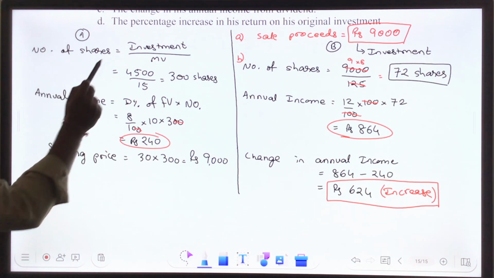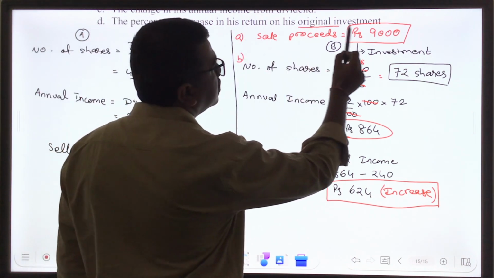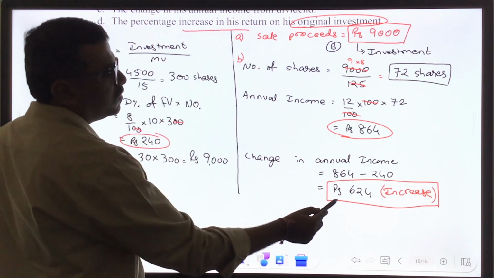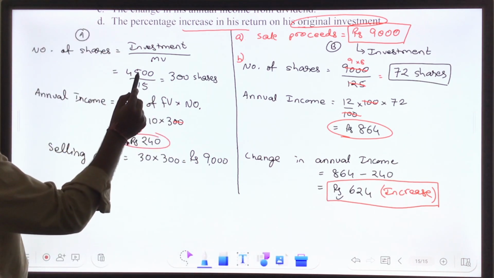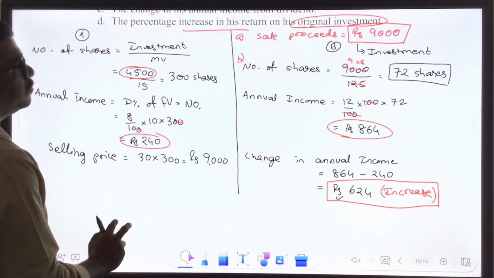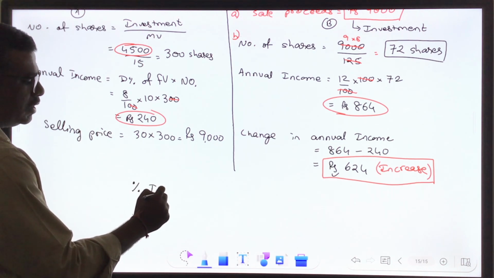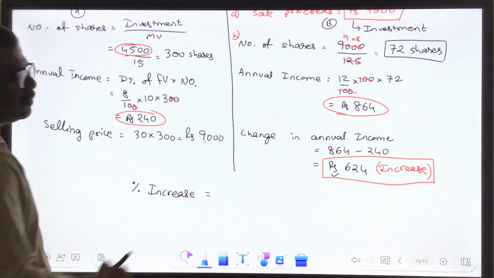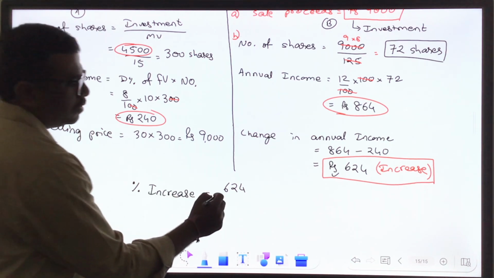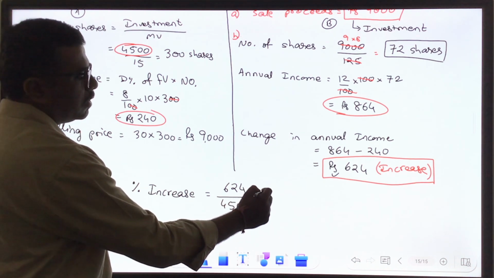The fourth question is we have to find the percentage increase on his return on original investment. So the increase in his return is 624 and original investment is 4,500. So the percentage increase on his original investment will be the increase in annual income 624 divided by original investment, which is 4,500, into 100.